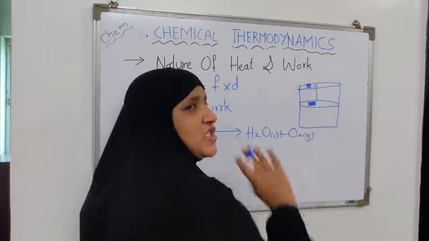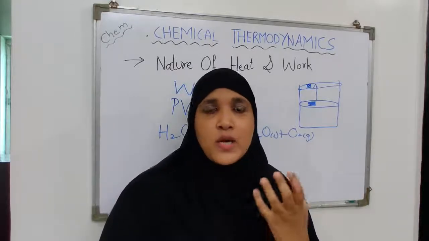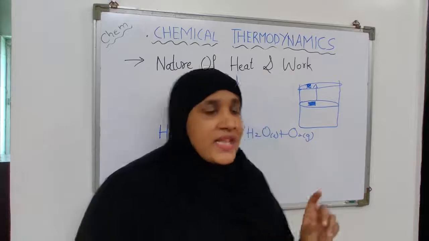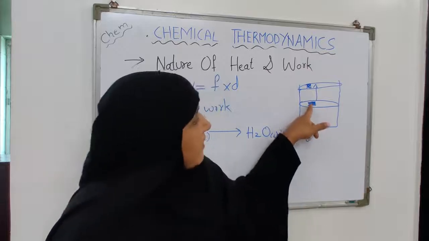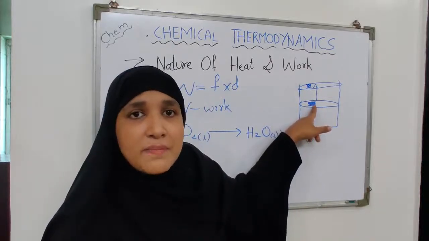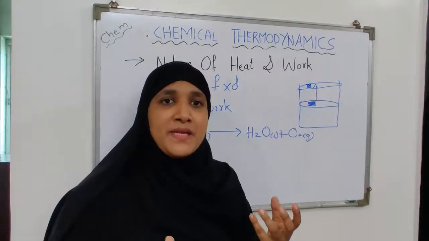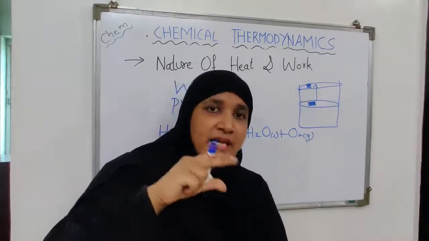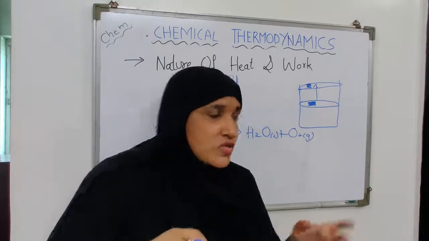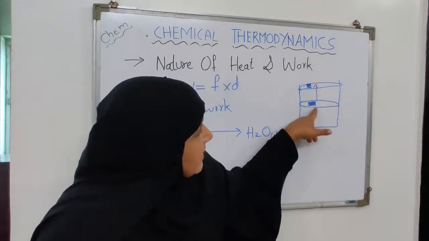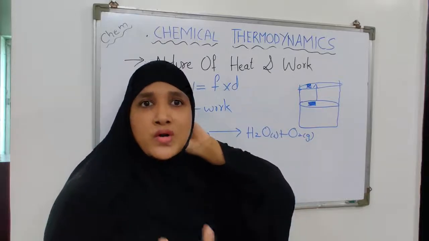Now, if we assume that no transfer of heat is taking place, what is the amount of energy that will be lost for the upliftment of this mass on the piston from position 1 to position 2? When the piston moves, it lifts the mass kept on it. This mass rising up to a new position is work.